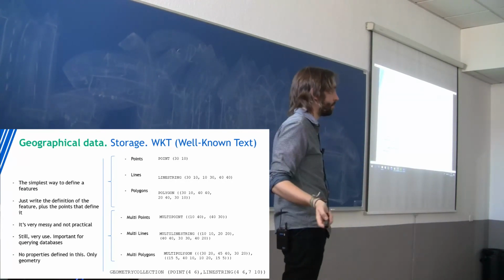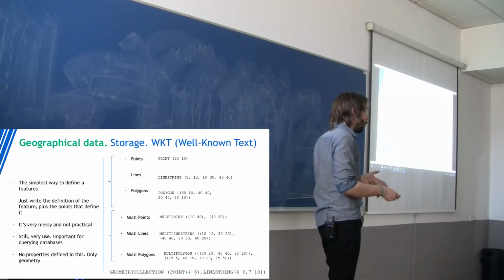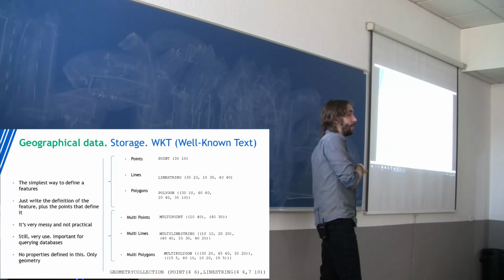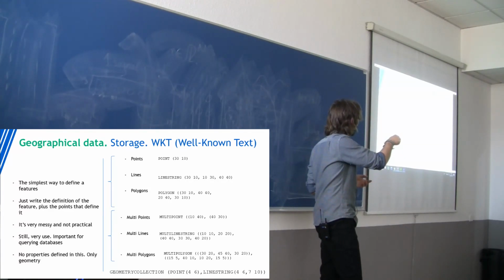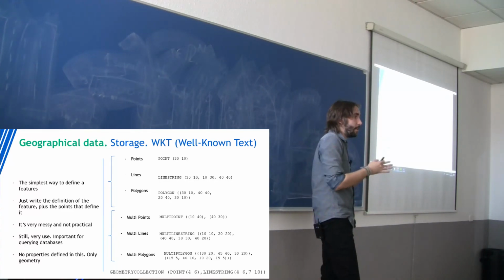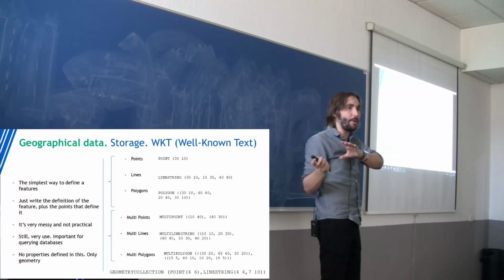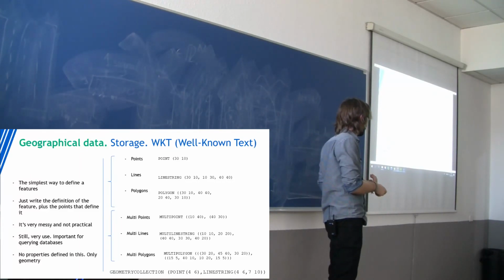Imagine that string, too big. Okay, and the other thing is that we can't have attributes linked to the geographical point, to the vector. I don't know, if I have this point, what is this point? I have no idea. I would need to have some data somewhere apart from the point to know what that point means.